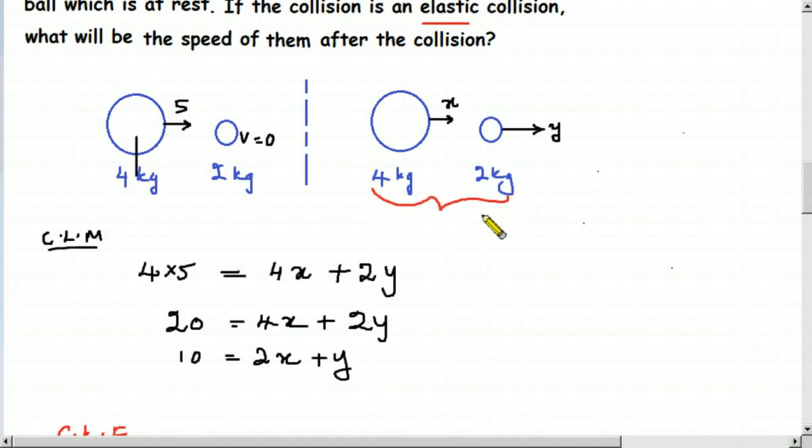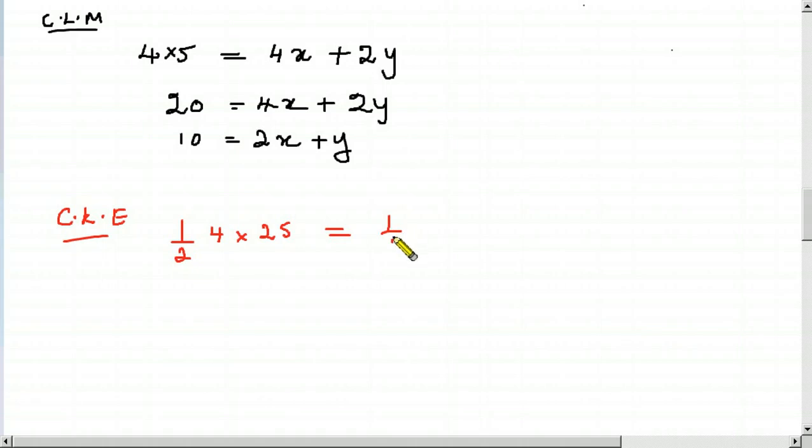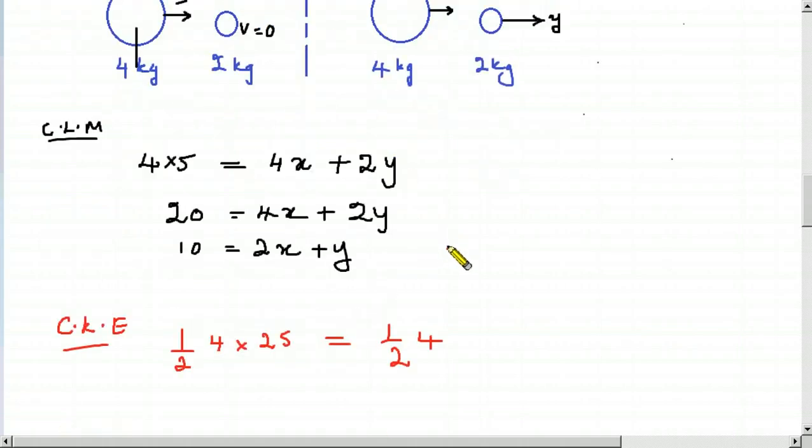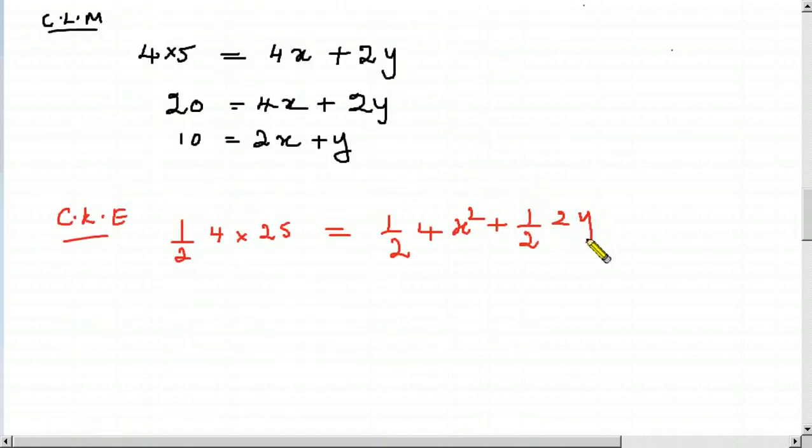After the collision, we have to take the total. The first, let us take this one: half m is 4, then v squared is x squared, plus again half of this one, 2 y squared. So this is the equation.